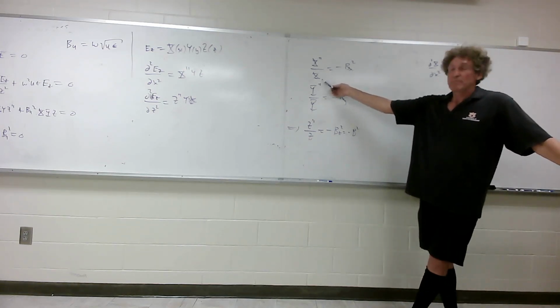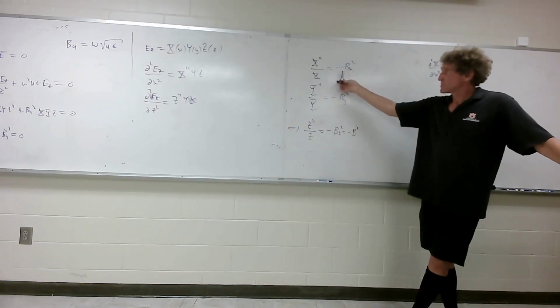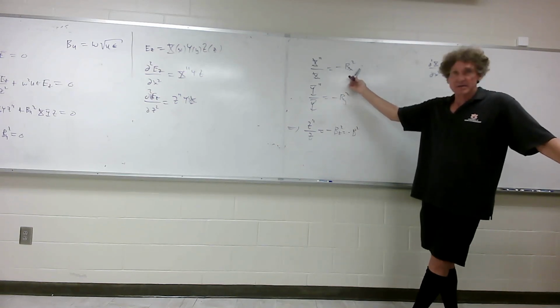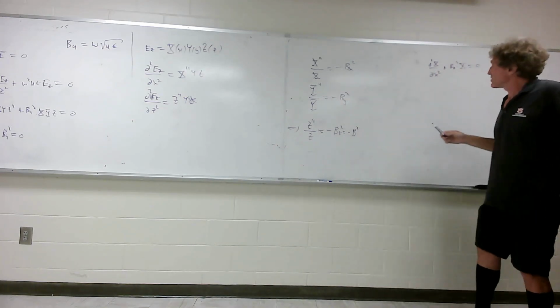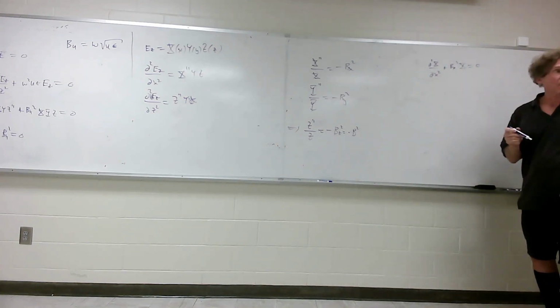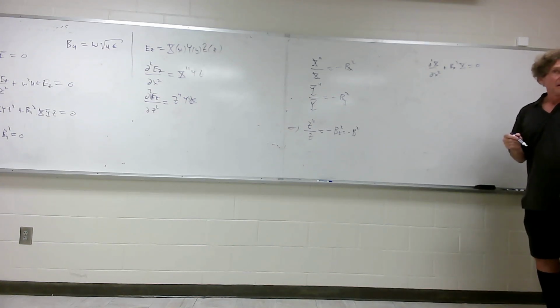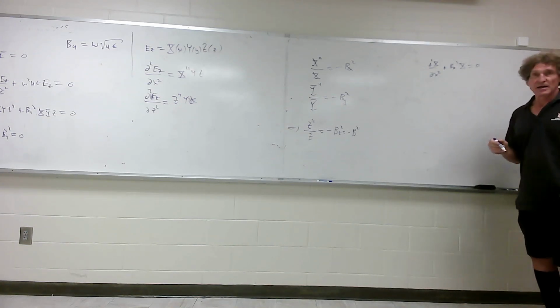Multiply top and bottom by the functional form of x. Now I have x double prime equals minus beta x squared times x. Take that to the other side, so you set it equal to 0, and this, in fact, is what you have. You all follow me? Can you follow me, John? All right.